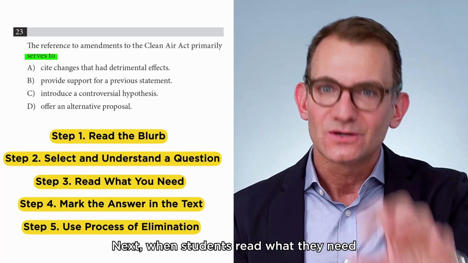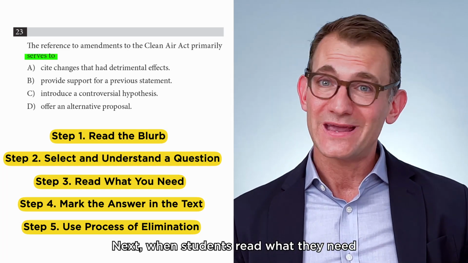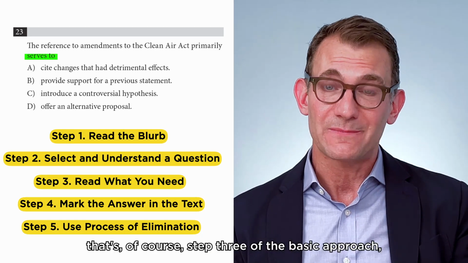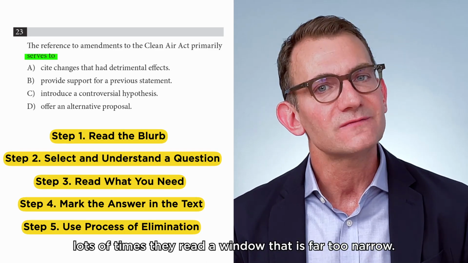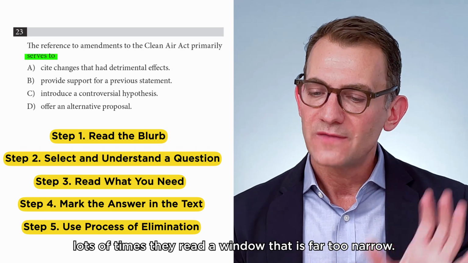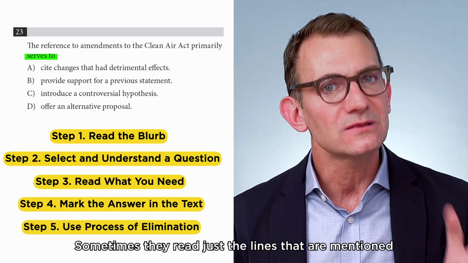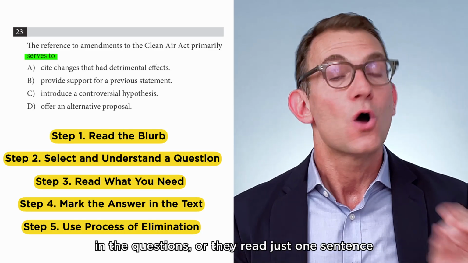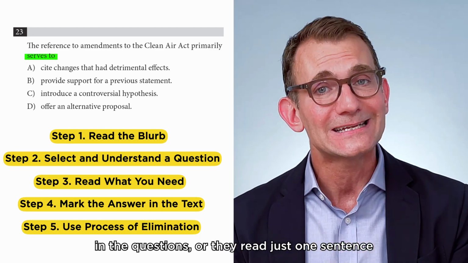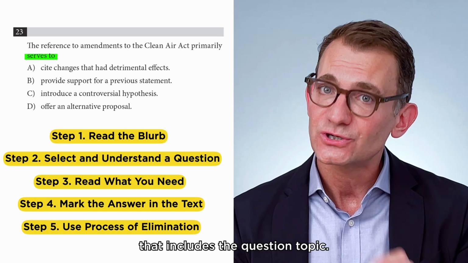Next, when students read what they need from the passage, that's of course step 3 of the basic approach, lots of times they read a window that is far too narrow. Sometimes they read just the lines that are mentioned in the questions, or they read just one sentence that includes the question topic.